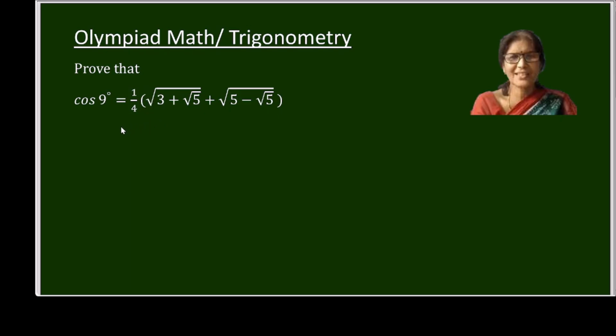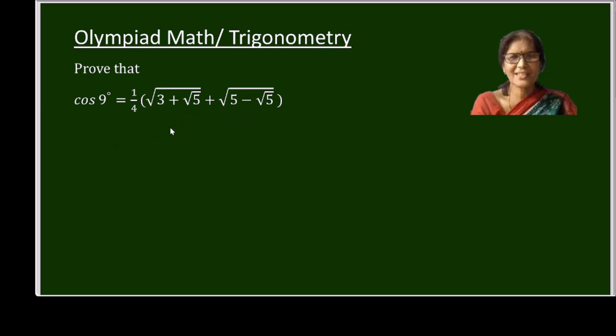The question is to prove cos 9 degree equals 1/4 of the whole square root of (3 plus under root 5) plus square root of (5 minus under root 5). This is a very interesting question.